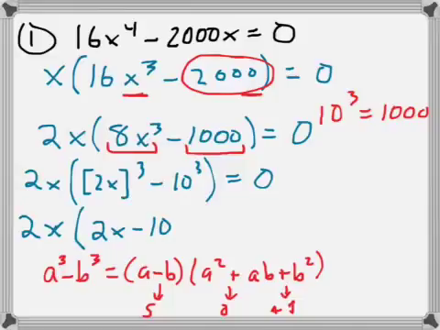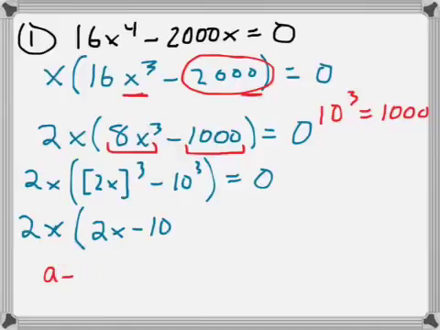And again, I'm sorry, before I erase that, I say that because guess what? You've got to remember that part. I'm sorry, there's no other way of remembering that except for just memorizing it. So going back to what we got here, I took out the a minus b, if you will, the something cubed minus something cubed, the 2x minus 10, and then this part is going to be 2x squared plus 2x times 10.